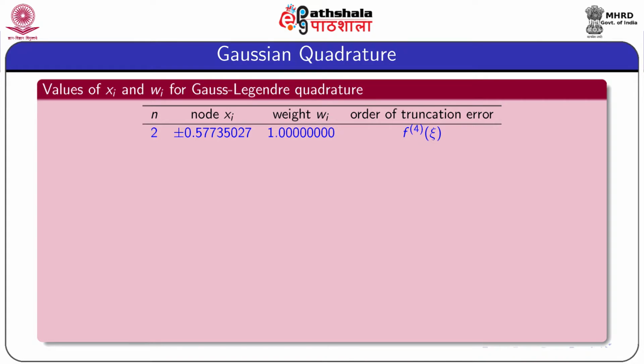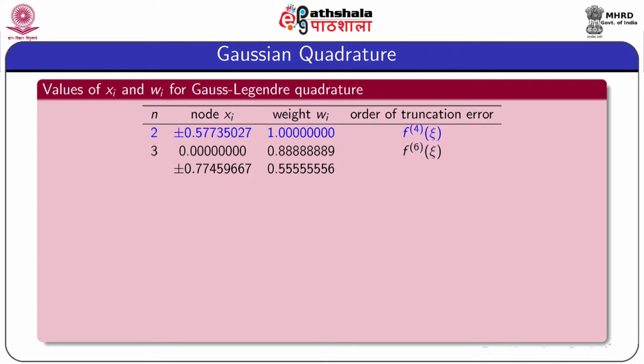For n equal to 2, the nodes are plus minus 0.5773527 and weights are 1, and the order of truncation error is f4(xi), that means the fourth derivative of f at xi. This truncation error indicates that the 2-point Gauss-Legendre quadrature formula gives the exact answer when the integrand is a polynomial of degree up to 3.